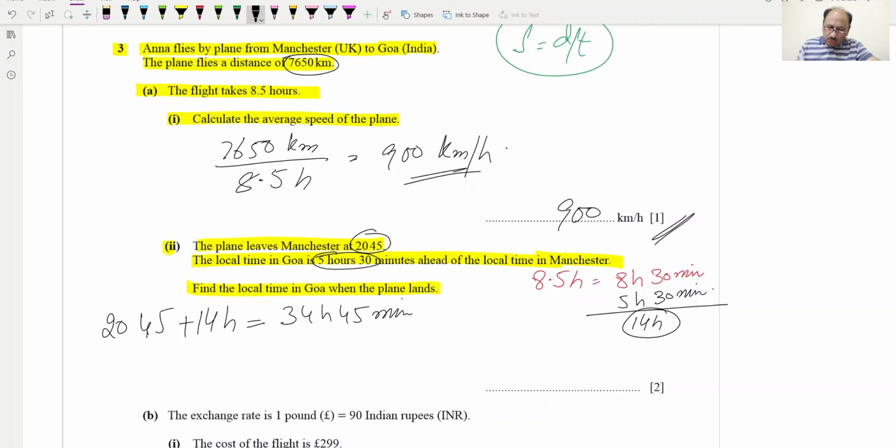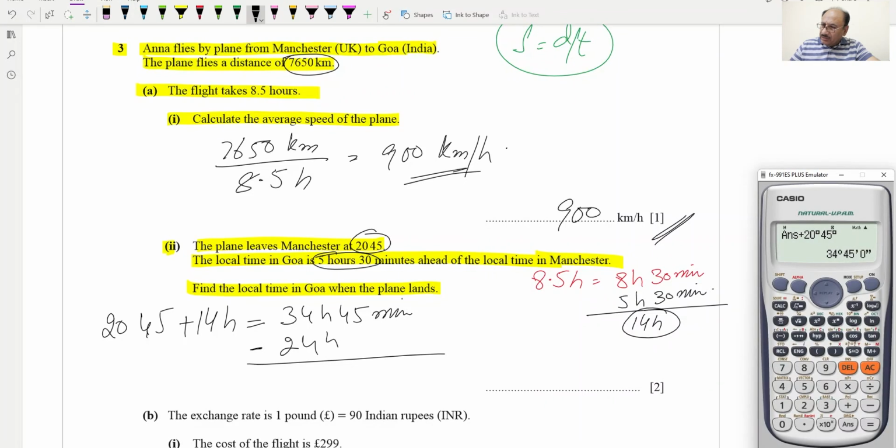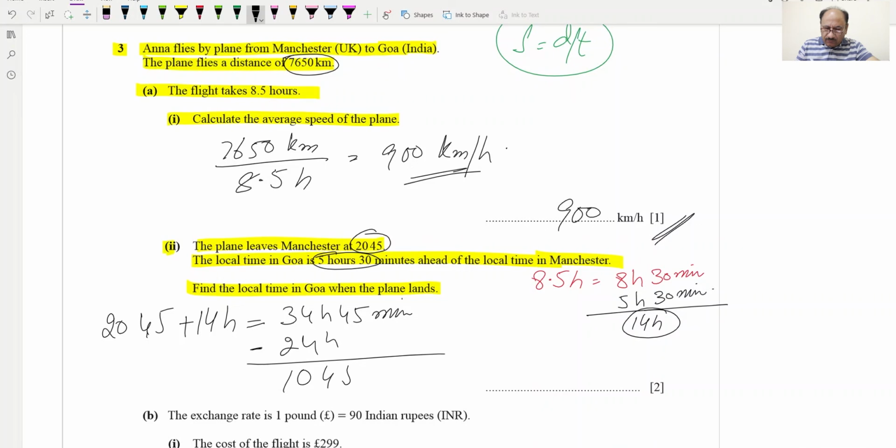But we need to subtract 24 hours because after 24 hours it will again start from 0. So minus 24 hours, it will give us the time 10:45. We can write 10:45 over here, which is for 2 marks.